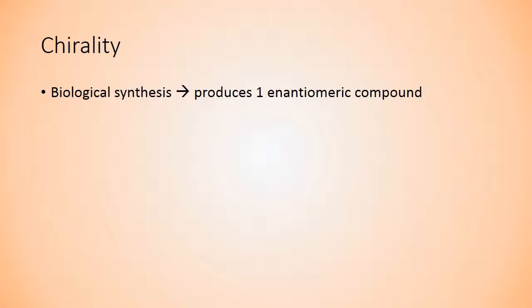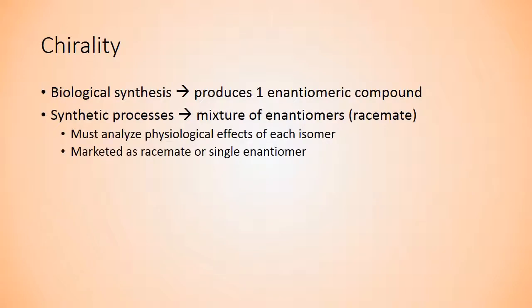Our bodies do not like to waste, so it's not going to produce 2 enantiomers when it only needs 1. However, when we do a synthetic process, once we have identified what compound we are trying to work with, we then go to the synthetic process.